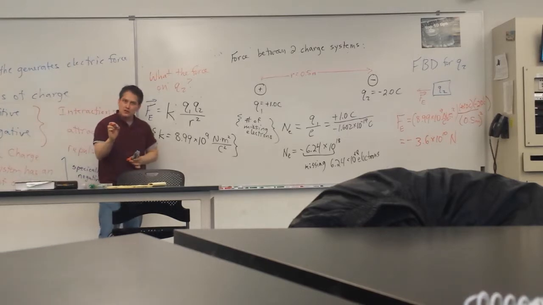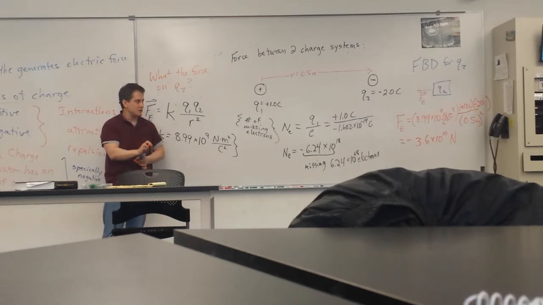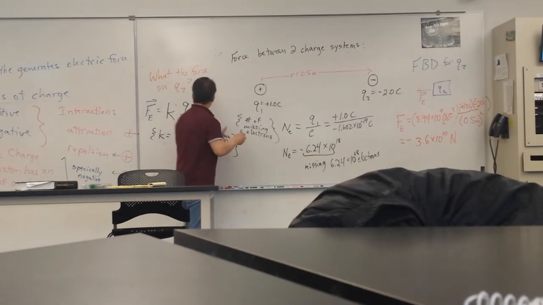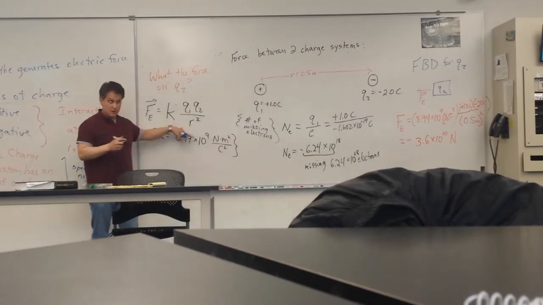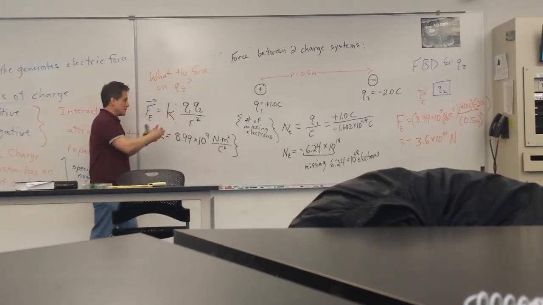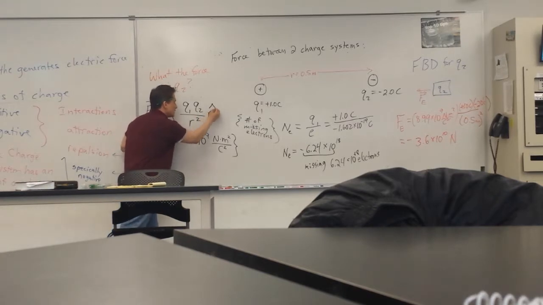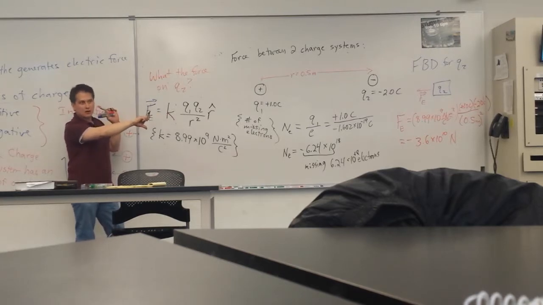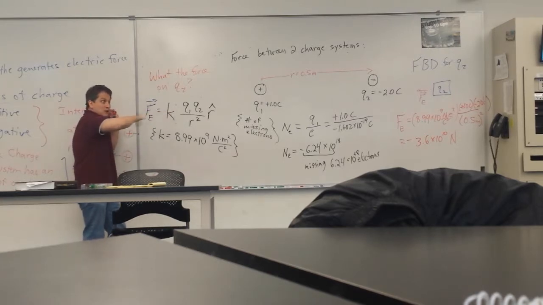So to establish direction, I should have done this first, but I intentionally wanted to be deceptive. When you calculate this expression, the direction of this force is along the line of action between the 2 charges that are interacting. Radial is the wrong choice of word. It's along the line of action. But here's the thing.